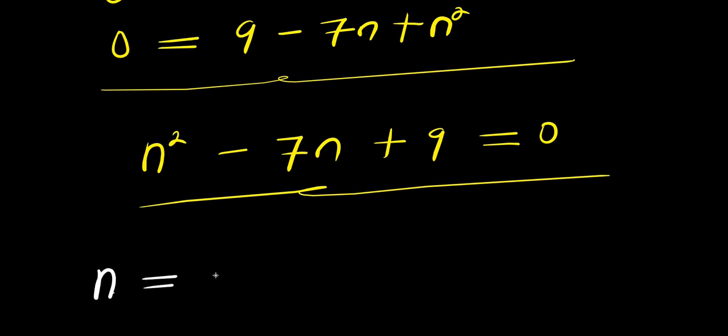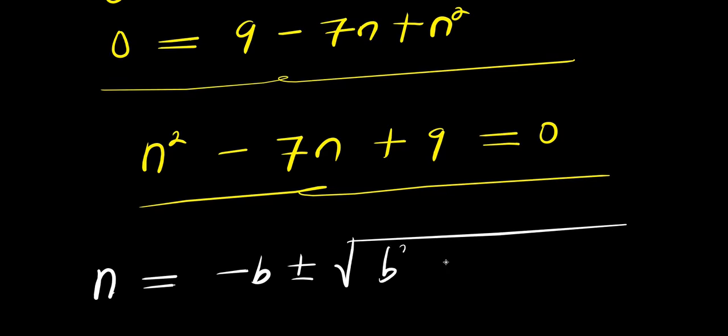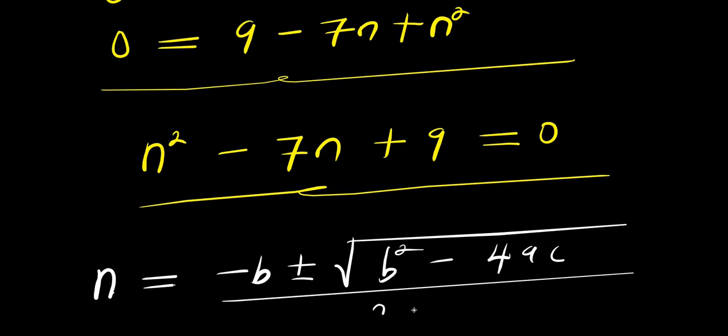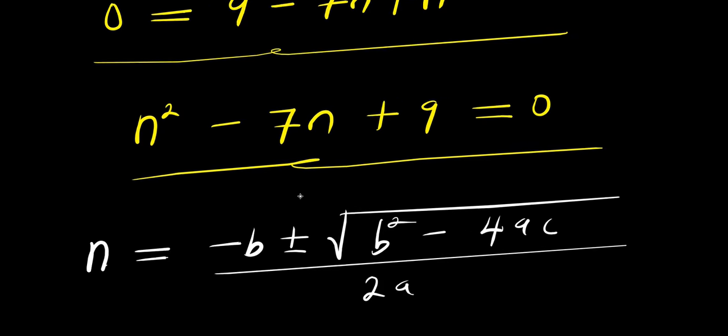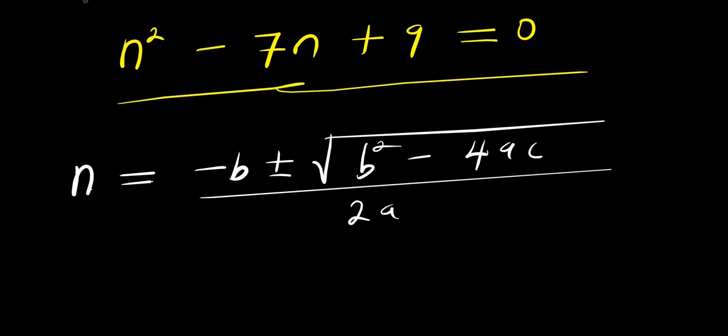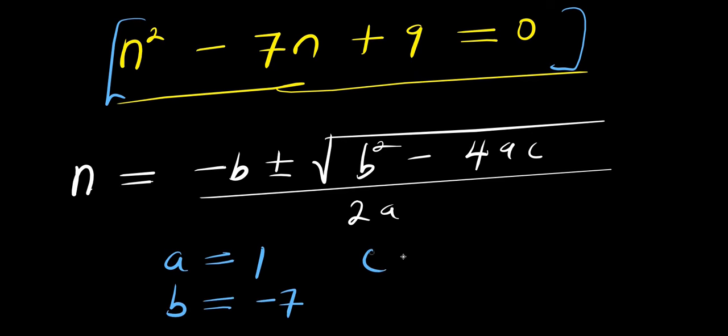I have n equals negative b plus or minus square root of b squared minus 4ac, divided by 2a. So right now, from this quadratic equation, I'm going to find the values of a, b, and c. A equals 1, which is the coefficient of n squared. B equals negative 7. And c equals 9.